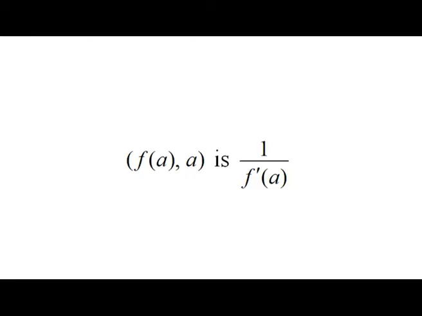We notice that slope of the tangent line to y equal to f inverse of x at the point (f a, a) is 1 by f dash a. We have to impose some mathematical conditions on f to be sure that this conclusion holds. We state the conditions and the conclusions in the following result.